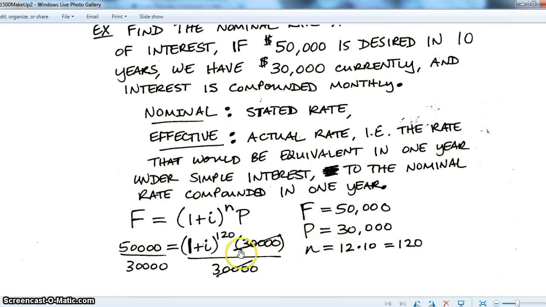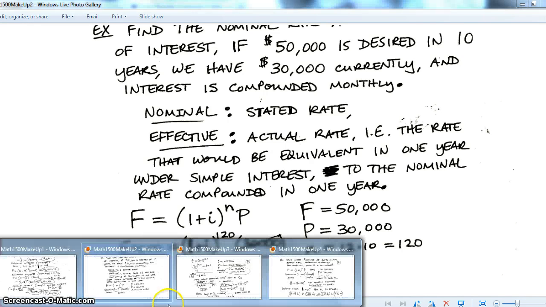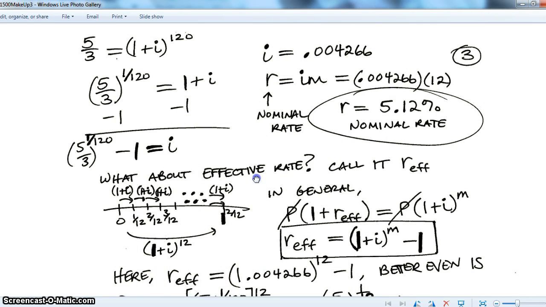If you plug these three in here, you get 50,000 is (1 plus I) to the 120 times 30,000. We want to solve for I. So first we'll divide through by 30,000, and this gives us 5/3 equals (1 plus I) to the 120.